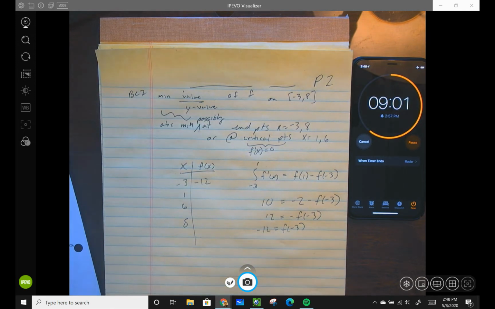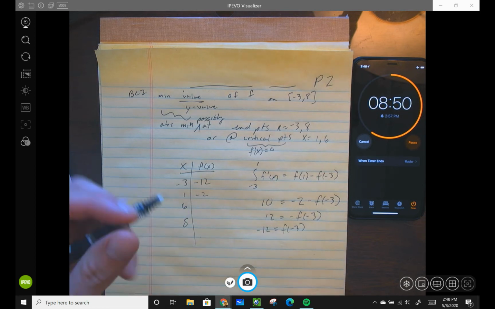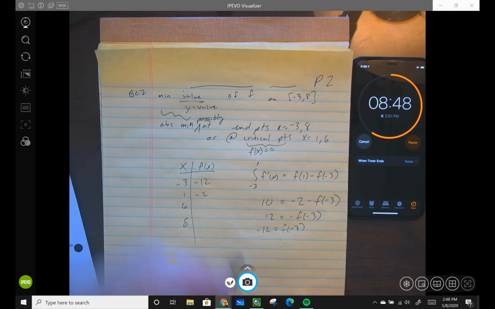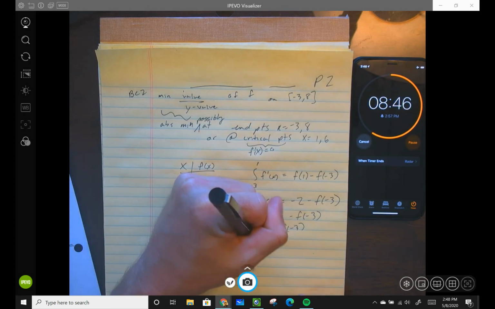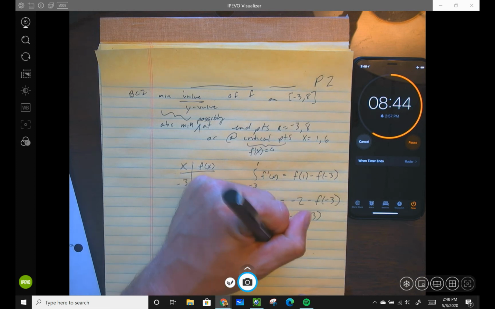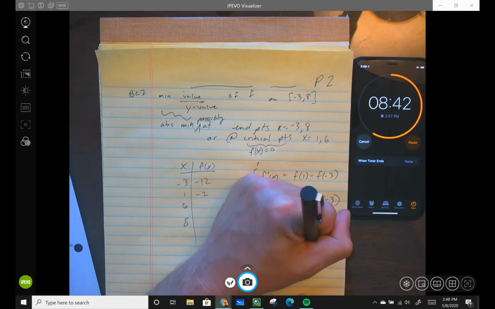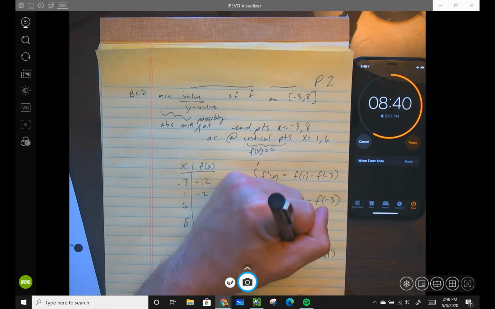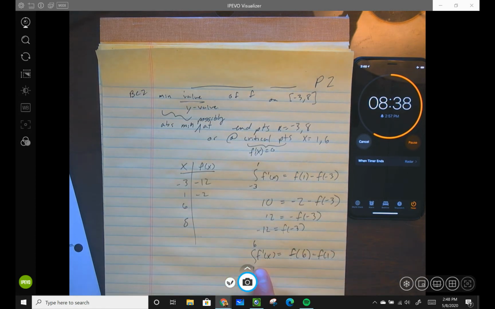Okay. F of 1, hey, they gave us that. It's -2. Okay. And then x equals 6. So the integral from 1 to 6 of f prime of x is going to equal f of 6 minus f of 1. You see how I'm always using f of 1 because I know f of 1 and I also know the area under the curve.